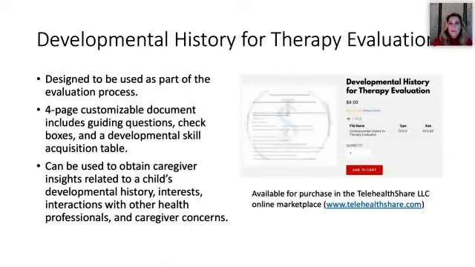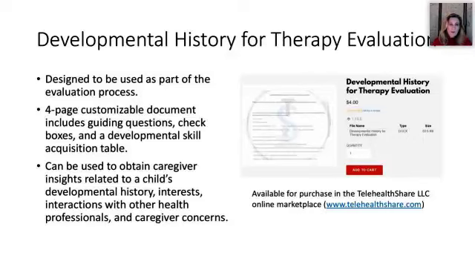One of the resources that is on the TelehealthShare website that I wanted to highlight that I think is a great resource to help therapists in an early intervention setting is a developmental history for therapy evaluation. And this is a 4-page document that helps the therapist really hone in on what is the developmental history of that child, what's the caregiver's concerns and priorities, what services has that child previously used or been exposed to.